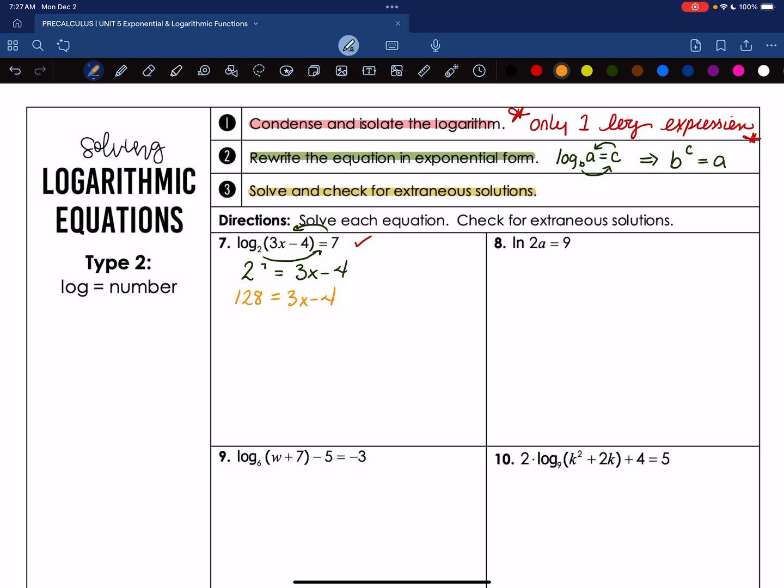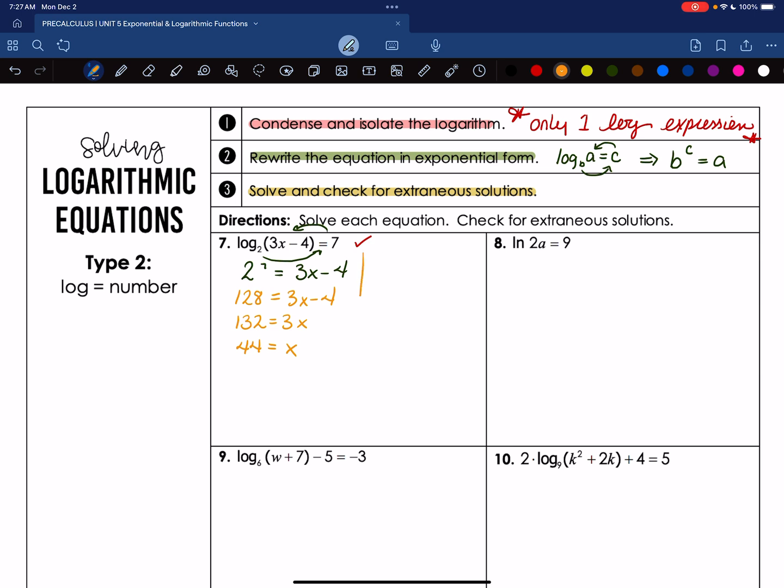And there we go. Next step would be to add 4 on each side. So when I do that, it'd be 132 equals 3x. And then dividing each side by 3 is going to give me 44. And there we go. Cool deal.